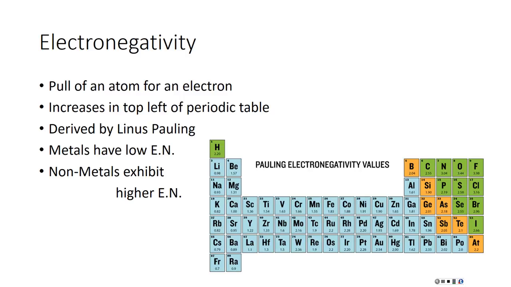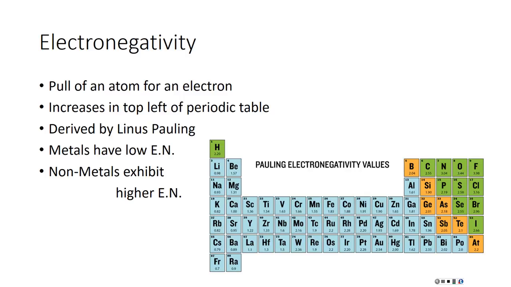This system was devised by a gentleman named Linus Pauling. When I was going to school, my advisor at the time called him St. Linus because he was so important to chemistry. He's an amazing character in terms of chemistry. One of the very rare things he did was win 2 Nobel Prizes.